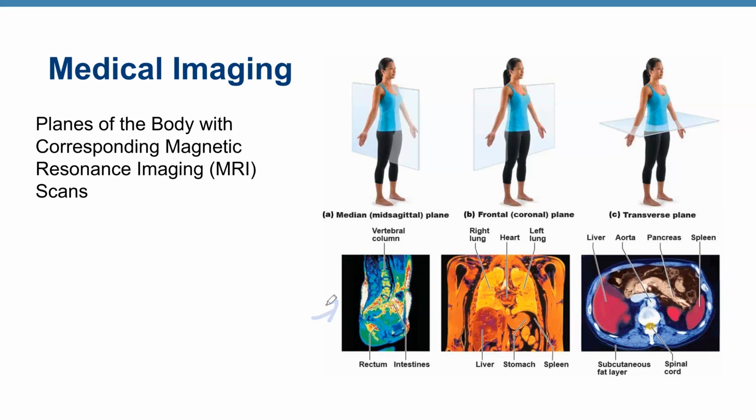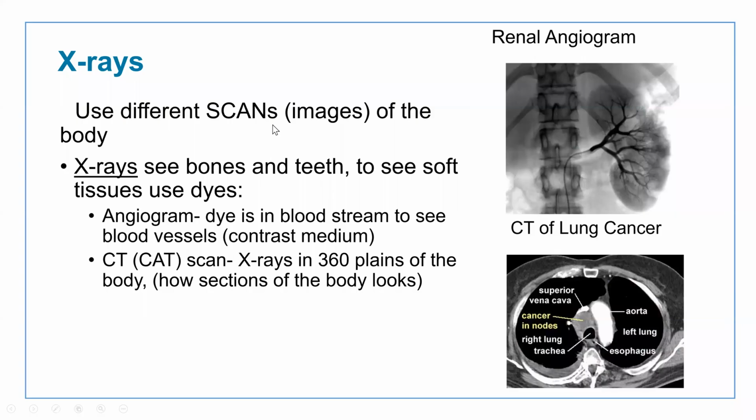So you can see here that they look different, right? That's why it's important to understand, when creating those magnetic images, what plane we are using to see the organs. So we will go over some of these techniques and we will see how they're used.